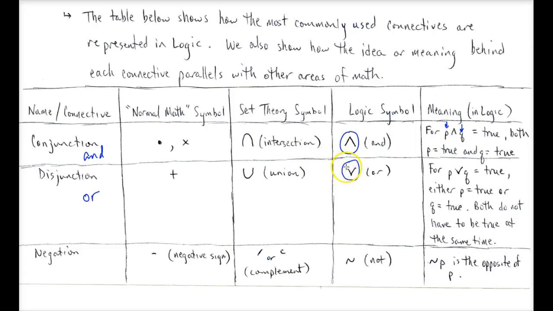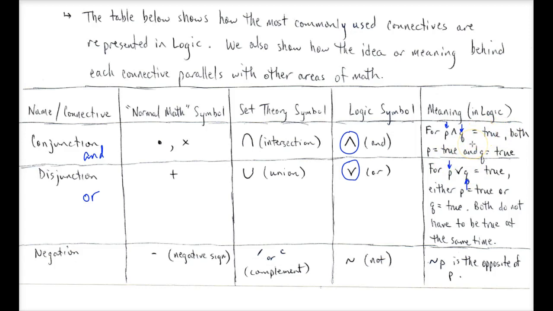It looks like a little V or upside down T. And of course, for the or connective, it means that if either P is true, or if Q is true, or if both are true, then the whole entire statement is true. Or put another way, if at least one of the 2 statements here are true, then everything is true.